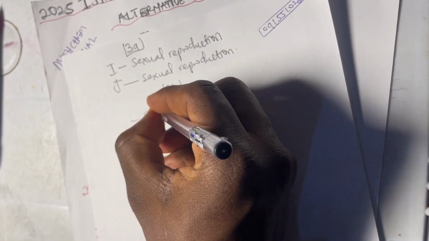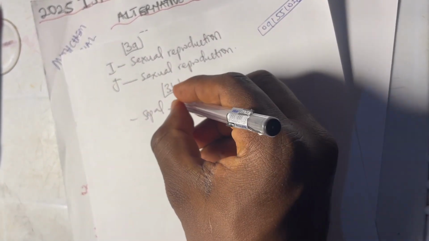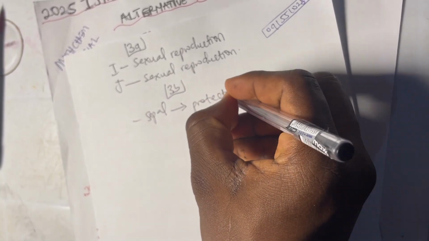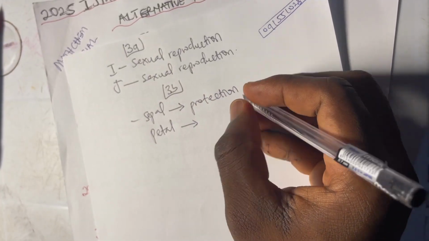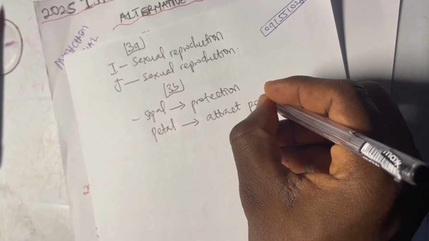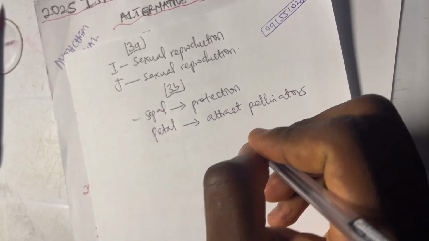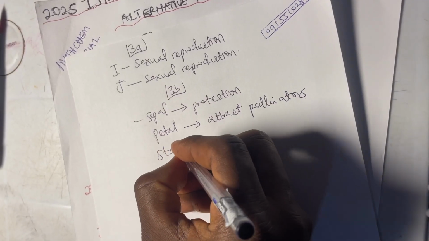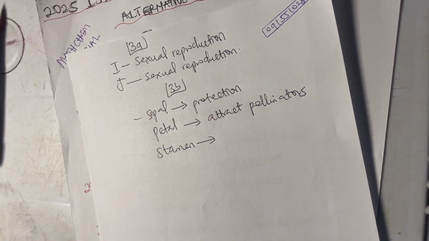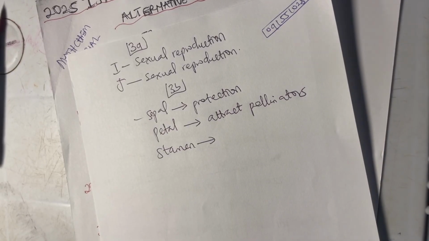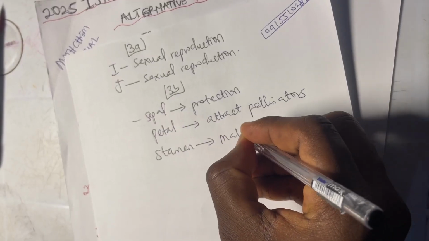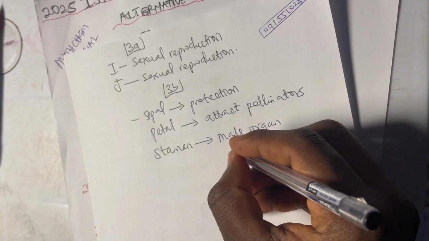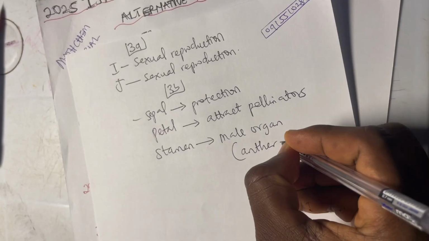The floral parts in specimen I are the sepal, which is used for protection; the petals, used to attract pollinators; and the stamen, which is a male organ comprising the anther and the filaments.